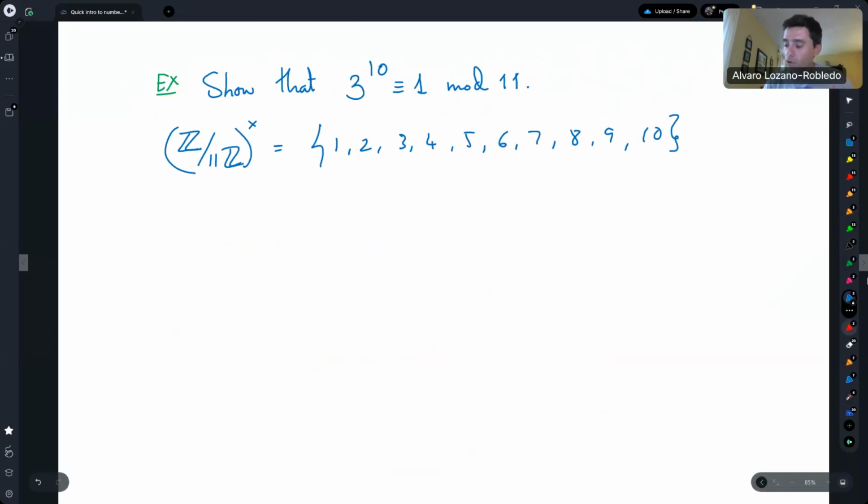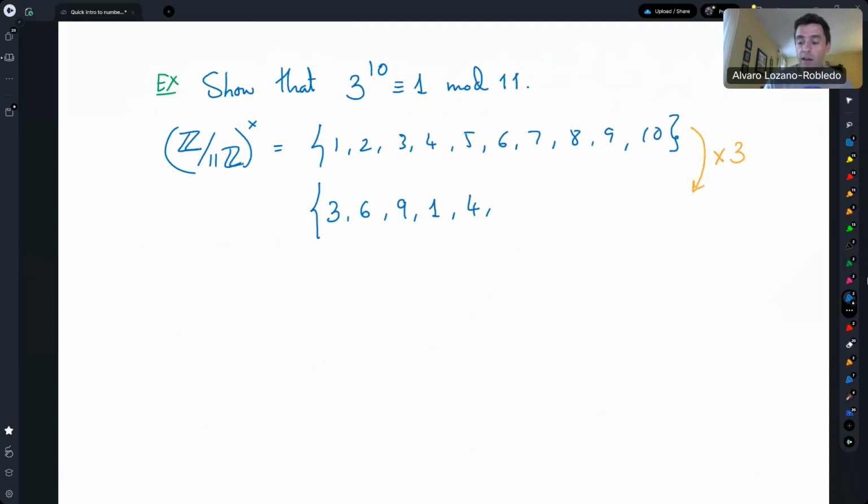And what I'm going to do is multiply by 3 and reduce every one of those numbers. And when I do so, what numbers do I get? I get 3. 3 times 2 is 6. 3 times 3 is 9. 3 times 4 is 12, but 12 modulo 11 is 1. 3 times 5 is 15, and 15 is 4, and so on.